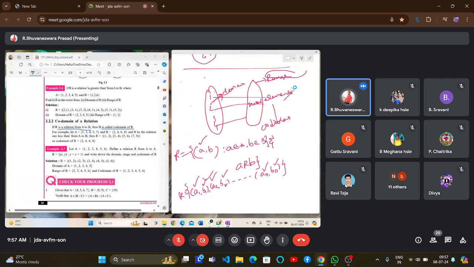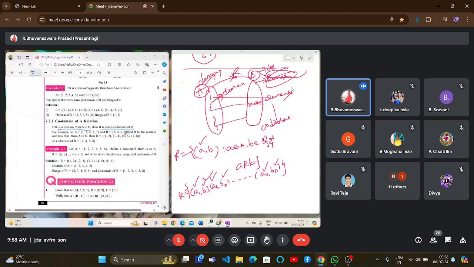So this is also the domain. I want to take a relation R from A to B. Then A is called the domain and B is called the codomain, and codomain is nothing but the range.